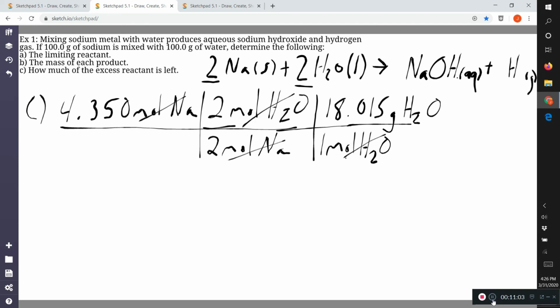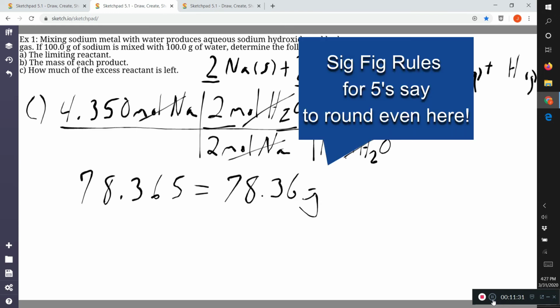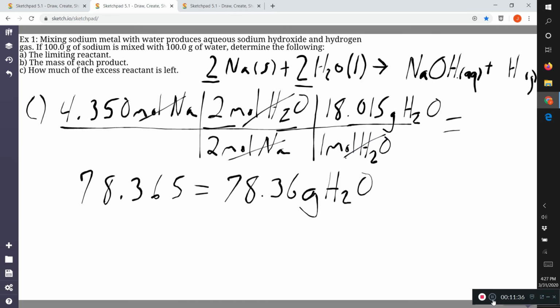We go through and we do our conversions, and we come up with 78.365, let's see, appropriately rounded, that would be 78.36 grams of H2O. Now, that's how many grams would actually be used.